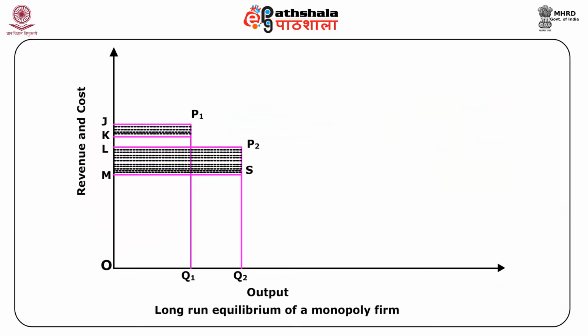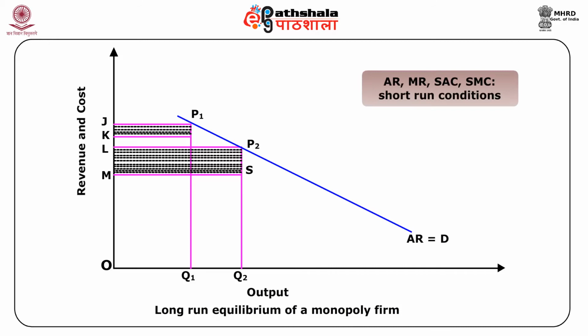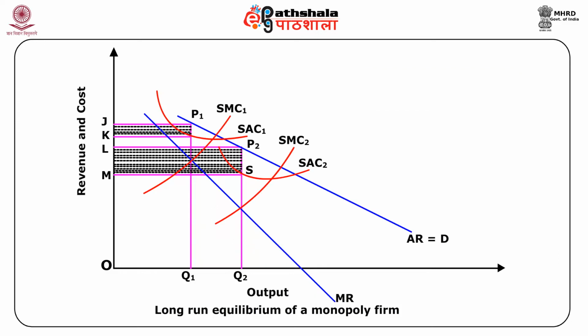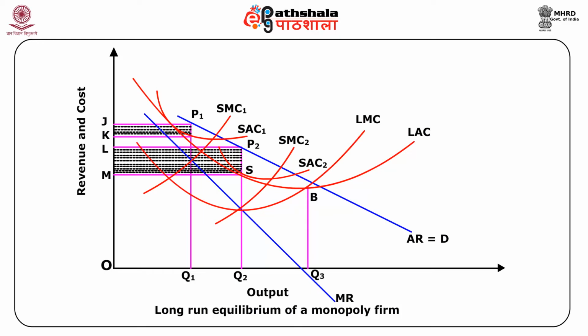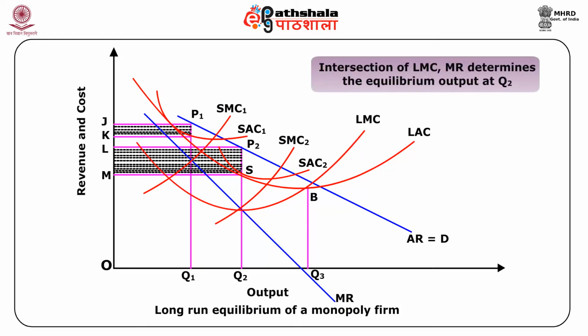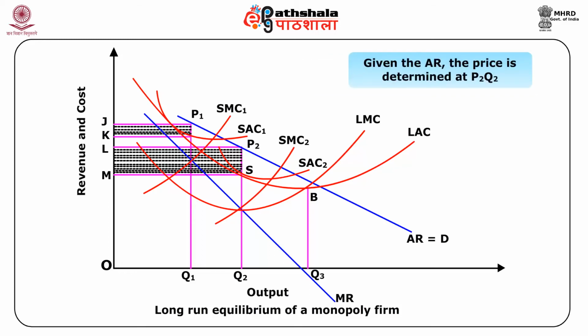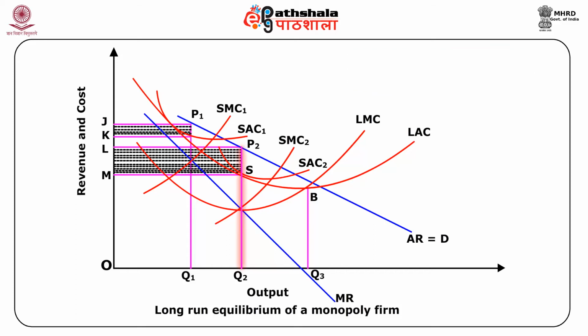As represented in the diagram, AR, MR, SAC and SMC show the short-run conditions of a monopoly firm and LAC and LMC show the long-run conditions. The intersection point of LMC and MR curves determines the equilibrium output at Q2, and given the AR curve, the price is determined at P2Q2.